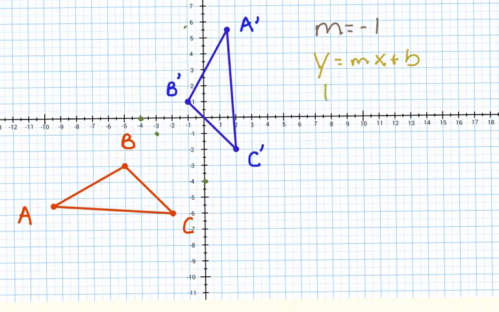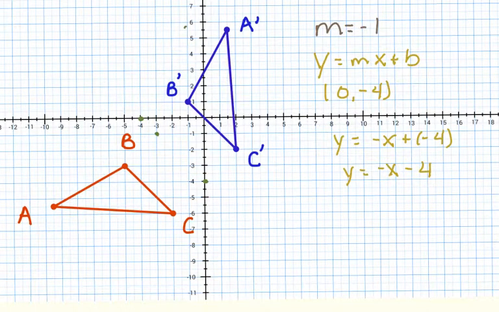And we're going to use the point 0, negative 4, because negative 4 is going to be our b. So we can write our equation as y equals negative x plus negative 4, which we can rewrite as y equals negative x minus 4.